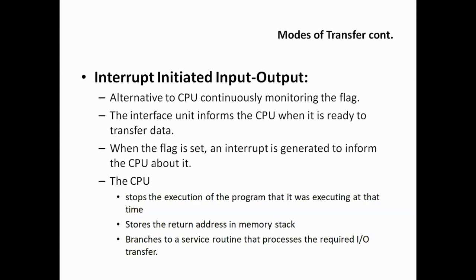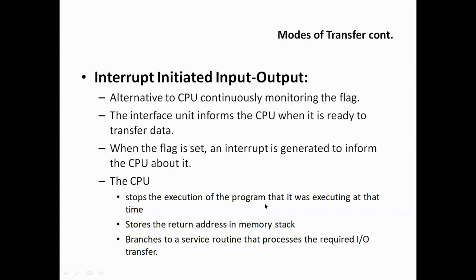When this happens, there will be three steps. What will be the first? When an interrupt comes, the first thing the CPU does is stop the execution of the current program. Then, since it has to go to another program for reading, it will save the address of the current program where it left off. So it will save the return address in a stack.